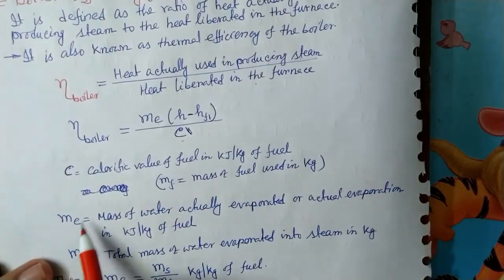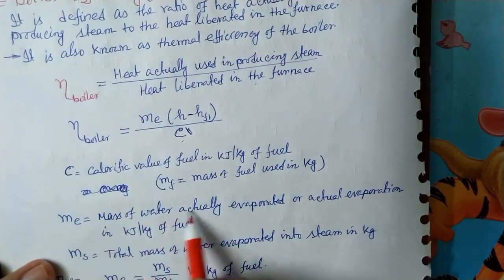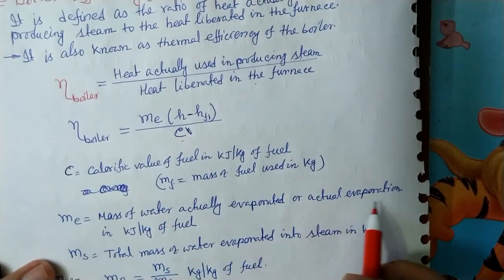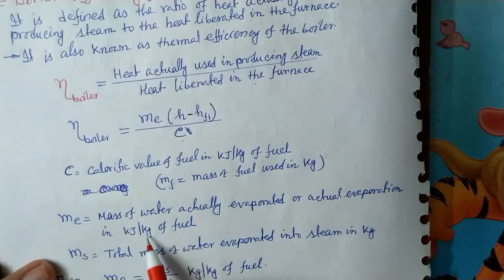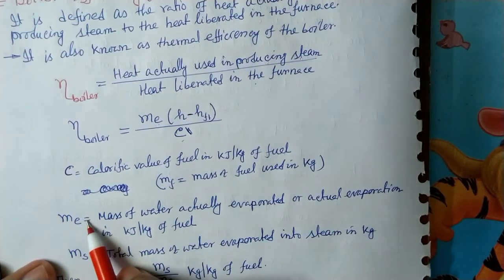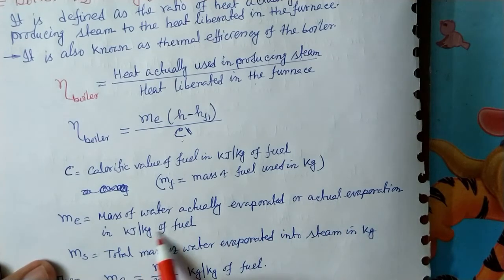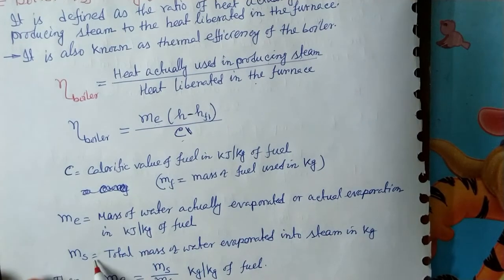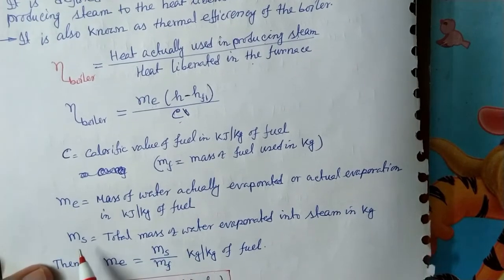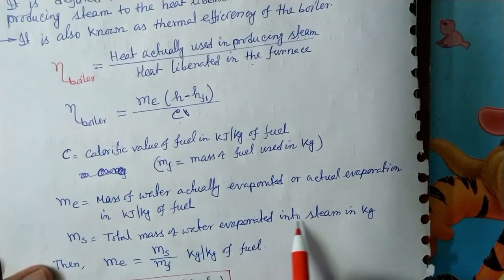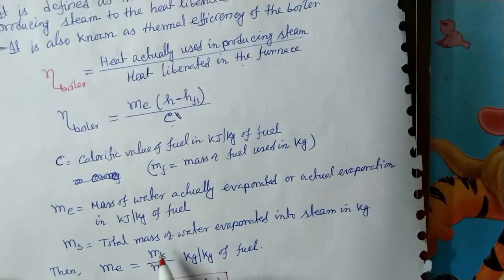And me is the mass of water actually evaporated, or actual evaporation, in kilojoule per kg of fuel. Now ms we can define as the total mass of water evaporated into steam, how much mass of water evaporated in steam.